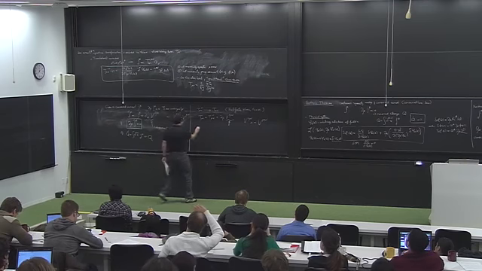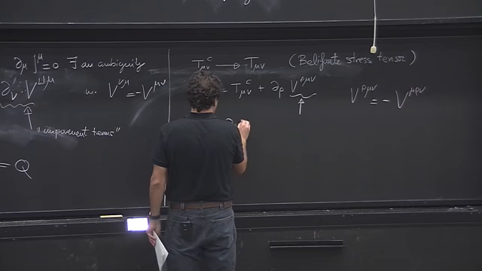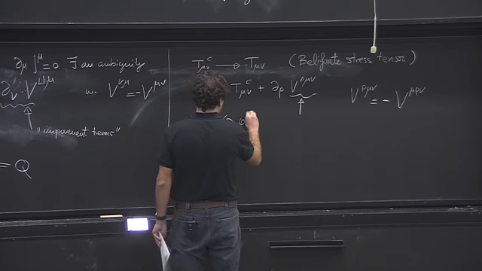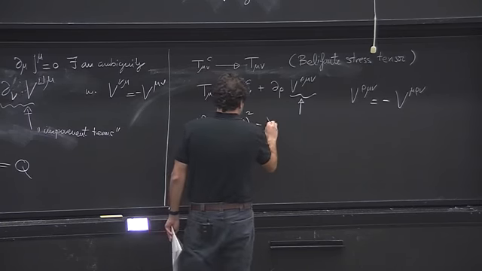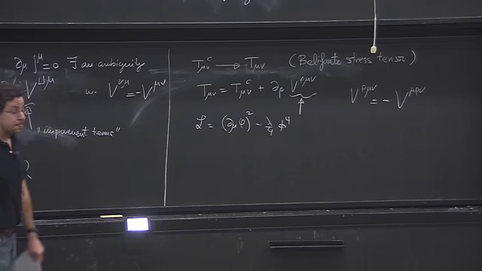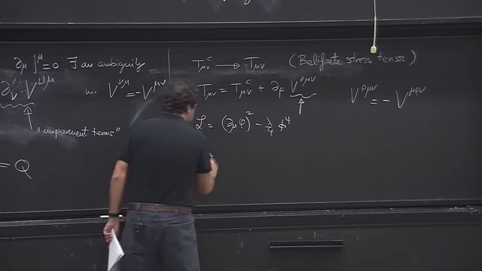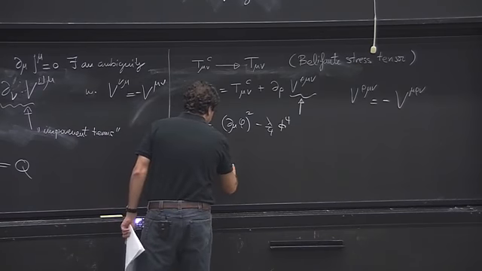Imagine you're interested in phi to the fourth theory in flat space. Now, if you didn't know any better, you would say, okay, how do I write this in curved space? You write it like this.